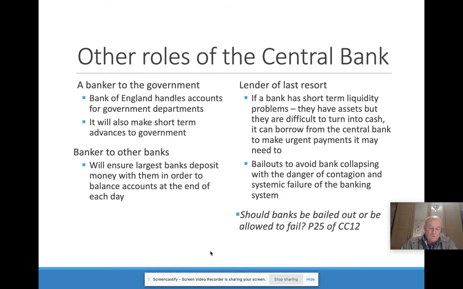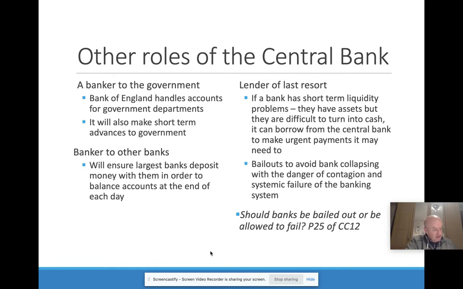A question that you could pose yourself or just have a think about is, should banks be bailed out or should they be allowed to fail? And there's some quite interesting stuff in your booklets on page 25, which talks specifically about some of those issues.